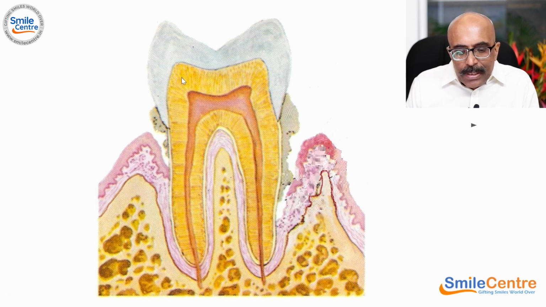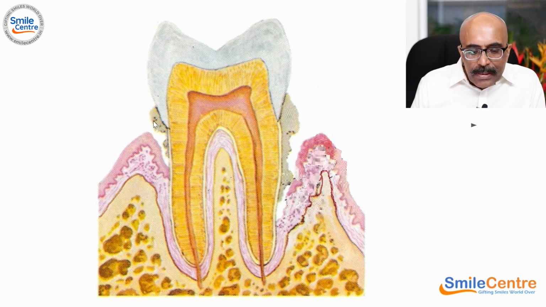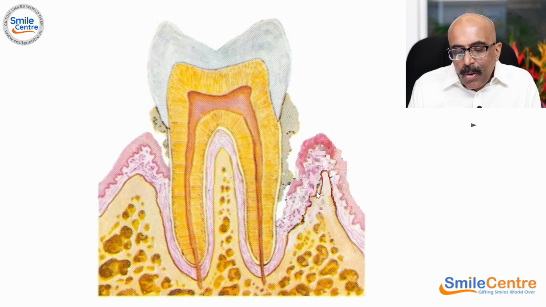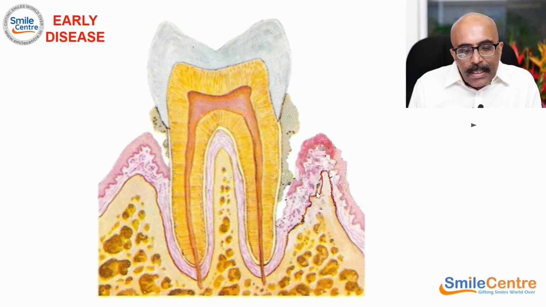Now, in this picture you can see how gum disease progresses. On the left hand side, you see the deposits and plaque lying above the bone and above the gum. And on this side, you see the plaque which has gone deep down by the root of the tooth, and the bone is lost. So this is early disease and this is late disease.